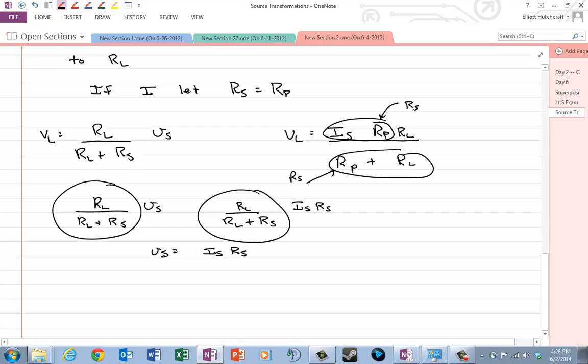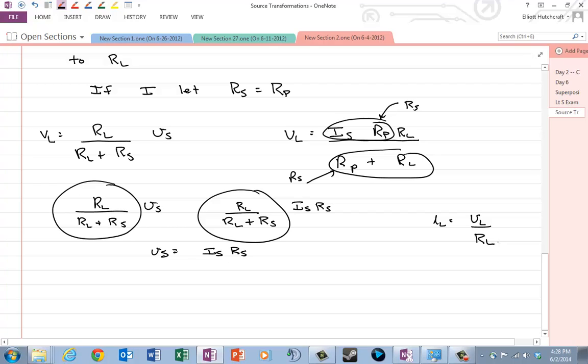And now notice we can get the current. We know if the load voltages are the same, the load current is the same, because in both cases IL was just VL over RL. So if the voltage is the same, the current's the same. We don't have to worry about that here.